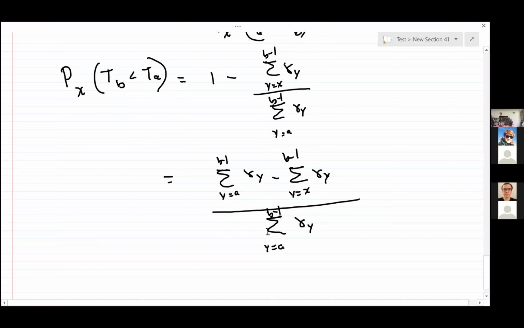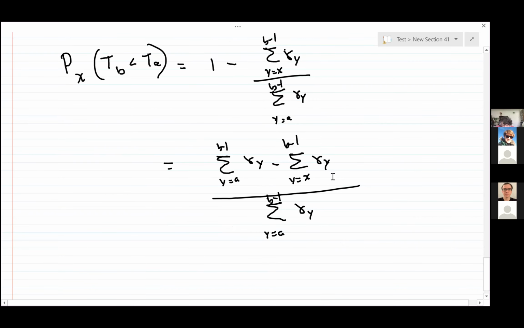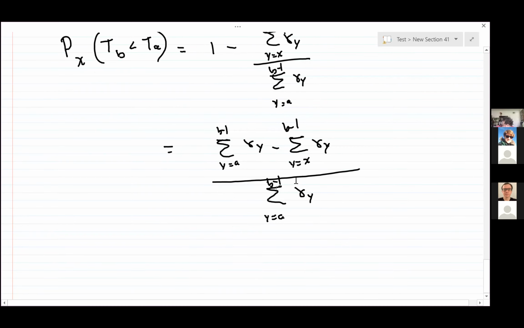But you can simplify this because they're summing the same terms. So this is actually giving you some of these terms get canceled off. And what you're left with are the y's going from x plus 1 to b minus 1, gamma y, divided by the sum.